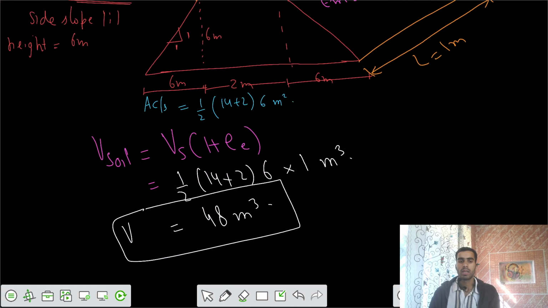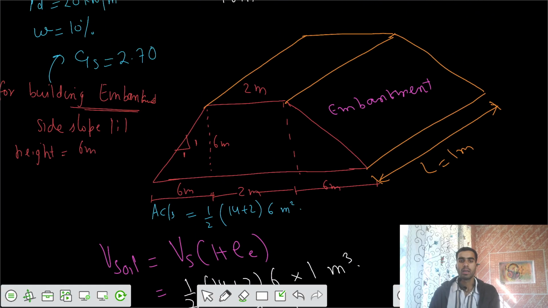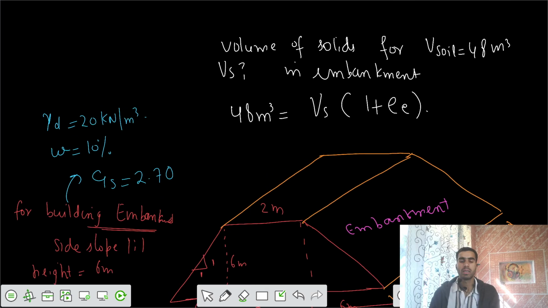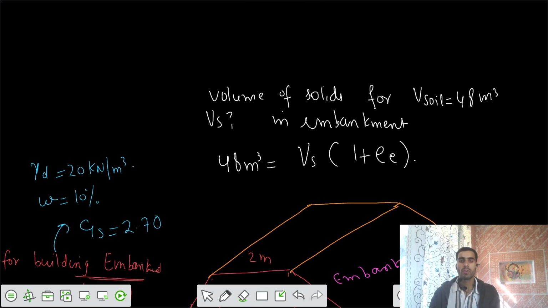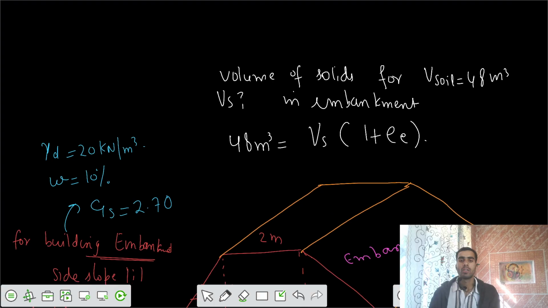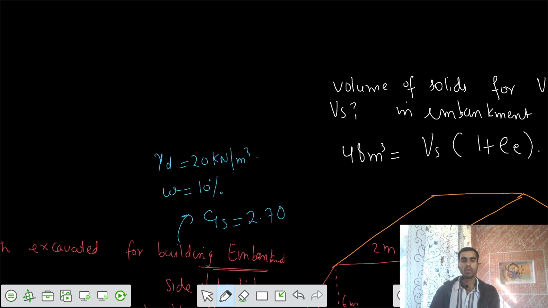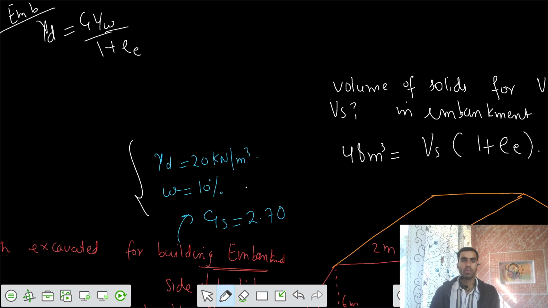Can we write that? Total volume of 48 is there. It is the total volume of soil for your embankment, and that should equal volume of solids into 1 plus e. So we need to calculate e of the embankment, which can be solved from the data given to you. Gamma dry, this is related to the embankment. We can write G gamma w over 1 plus e, and from that we can solve e.